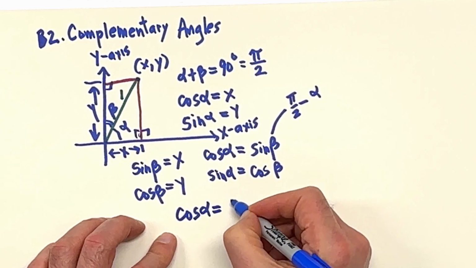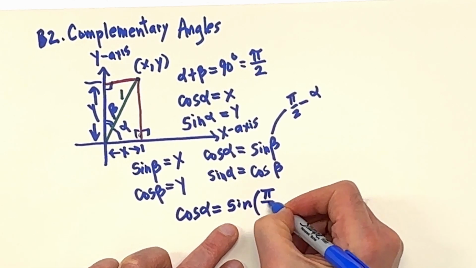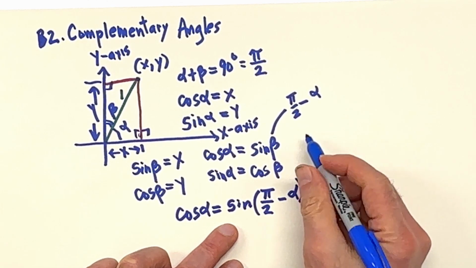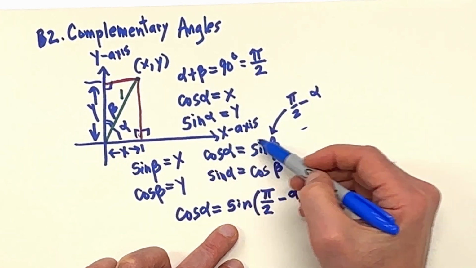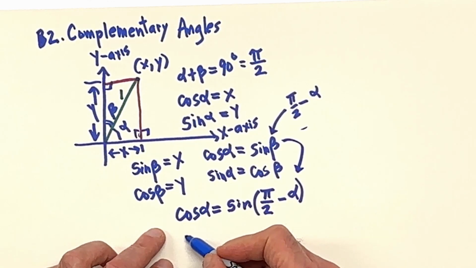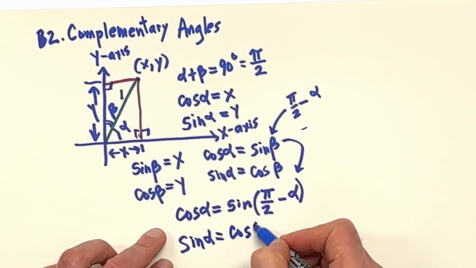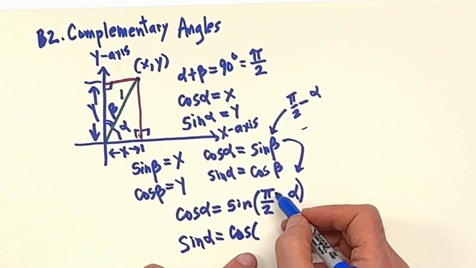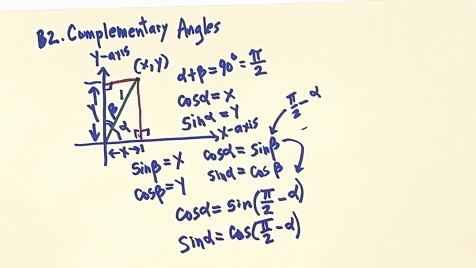Cosine of alpha is equal to the sine of pi over 2 minus alpha, by putting in this substitution for the beta. And then the sine of alpha is equal to the cosine, putting in for beta the same thing, pi over 2 minus alpha. So these relationships are good to always have in mind in our course.